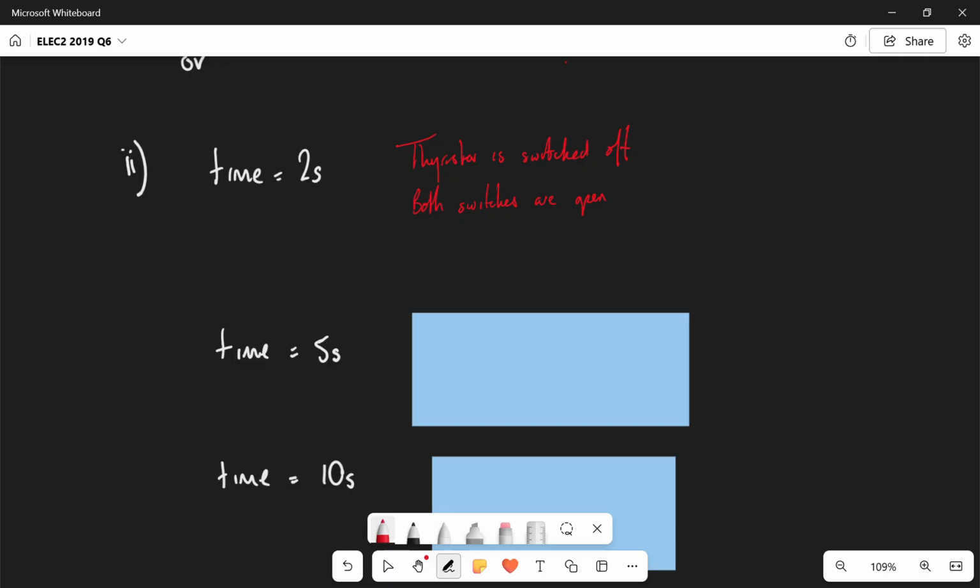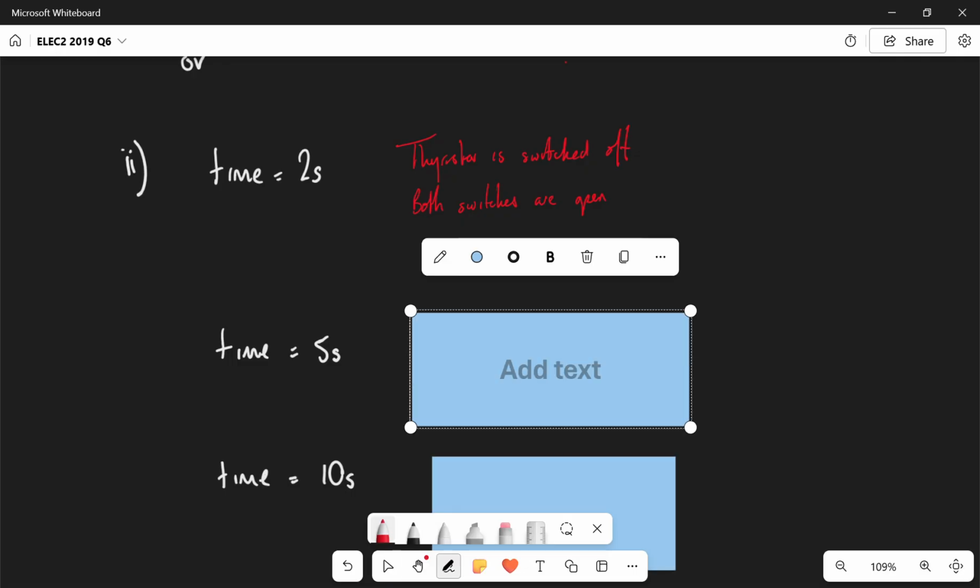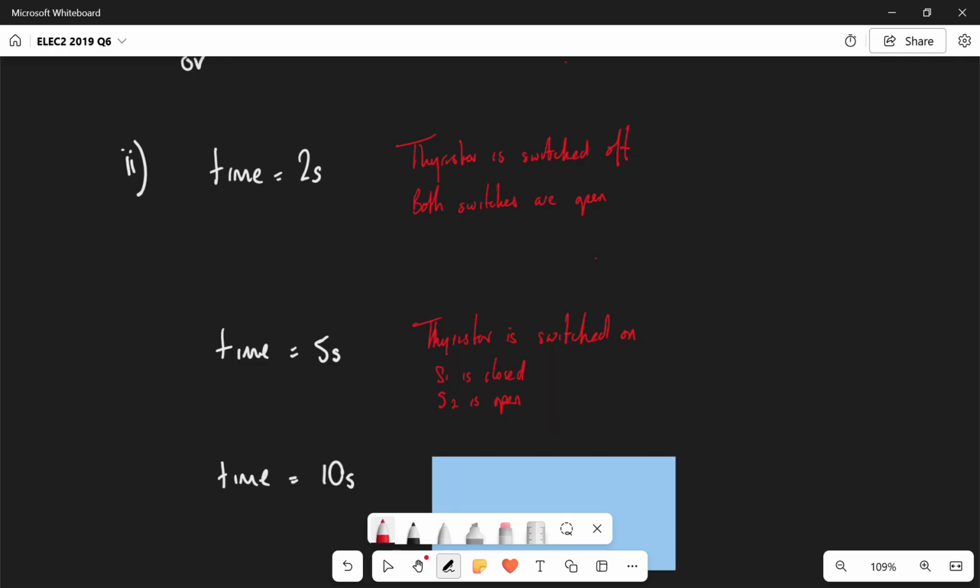It hasn't been closed. Okay, so what about at time 5 seconds? Well, things change at 5 seconds because the voltage at P drops from 24 volts to 0 volts. That would suggest that the thyristor is switched on.